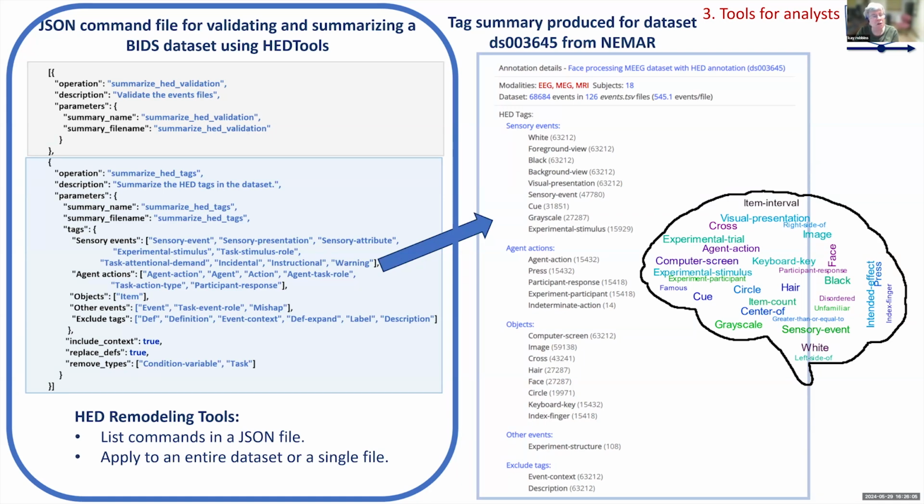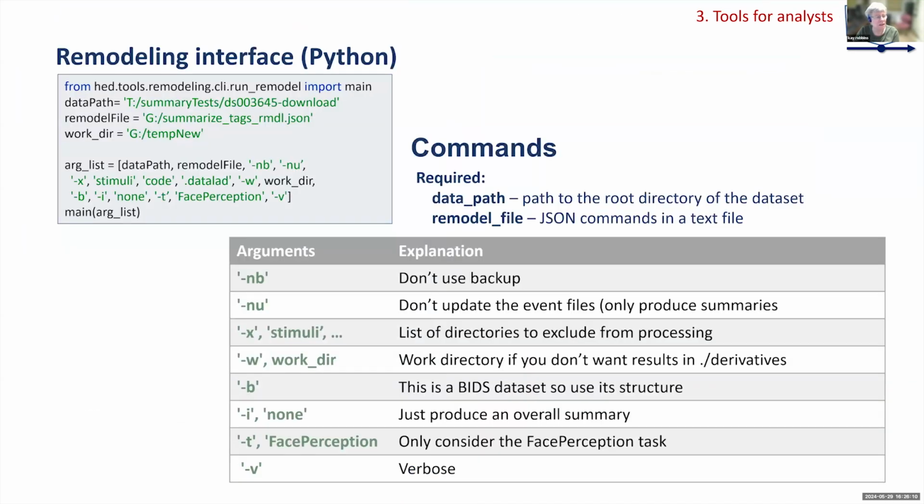I was going to show you an example of how this is called. Here's the example from Python. Basically, from Python, you have to give the data path of the directory, which is the root directory of your data set.